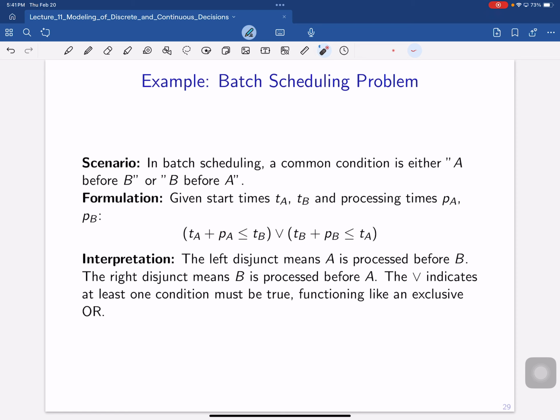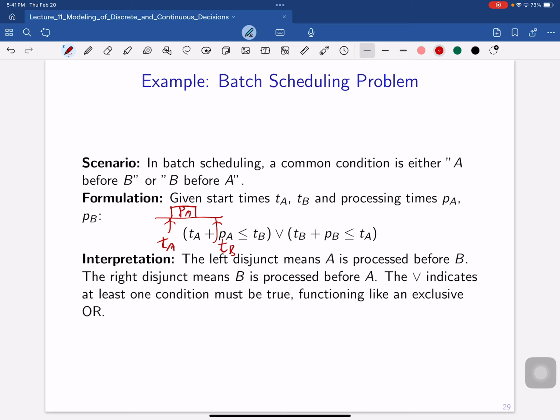So the left-hand side is saying TB has to be greater than or equal to TA plus PA. That means A happens before B, right? B can only start after job A has been processed. So if A starts at time TA, then B cannot start until the processing time of job A, PA, has elapsed.